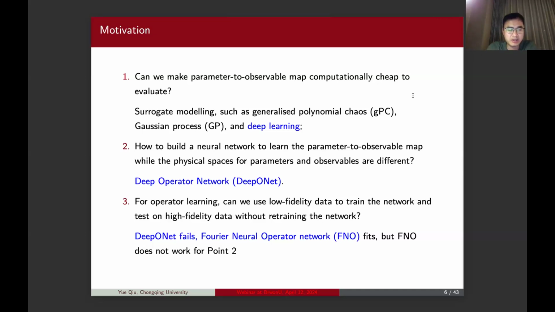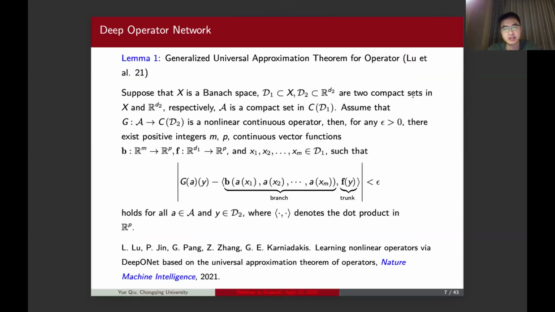The previous DeepONet fails for this task, but a Fourier neural operator fits it. However, when the physical spaces for parameters and observables are different, the Fourier neural operator fails. So our motivation is pretty simple: we would like to combine the advantages of DeepONet and FNO to make it feasible to solve high-dimensional inverse problems.